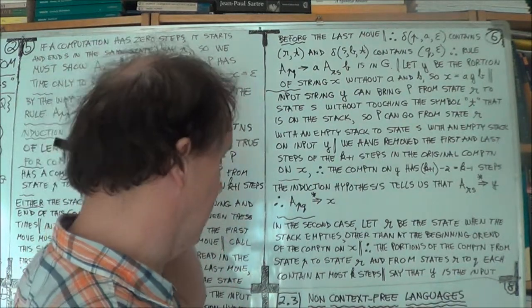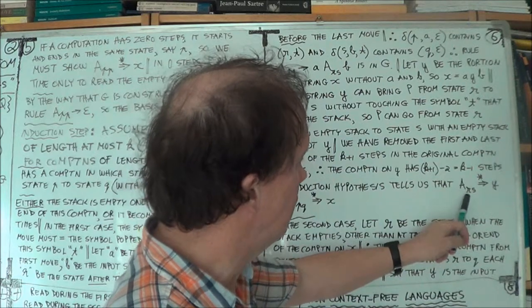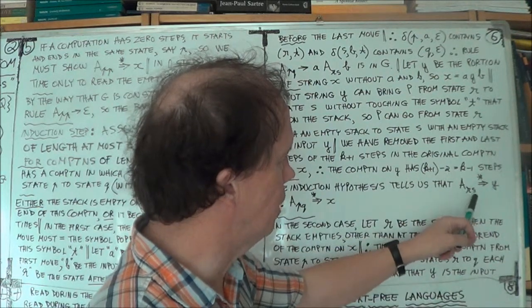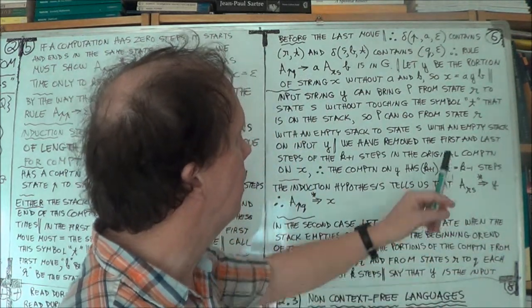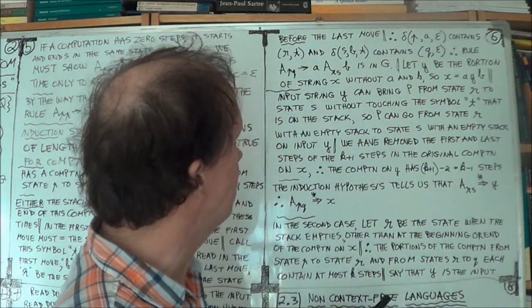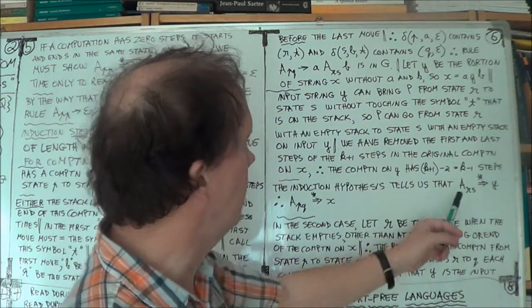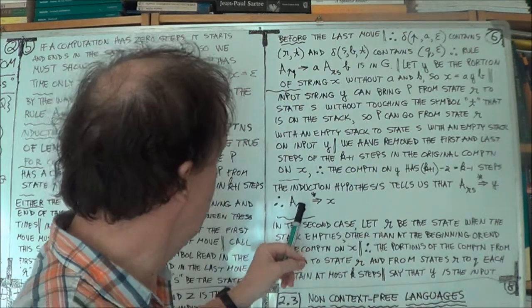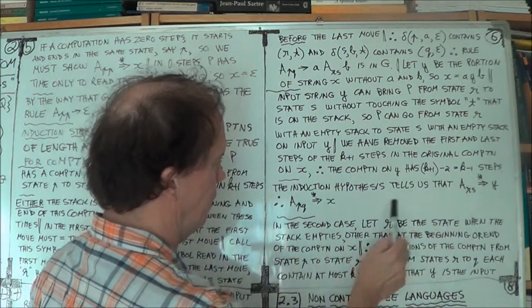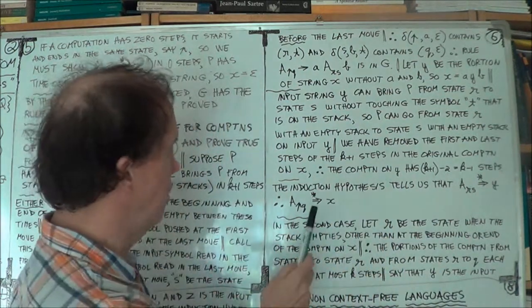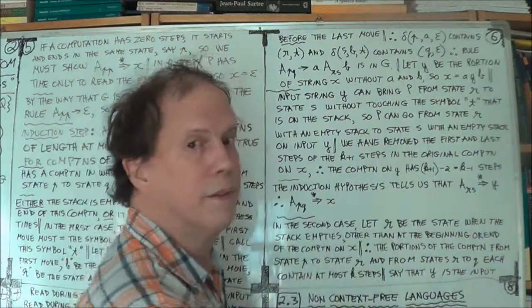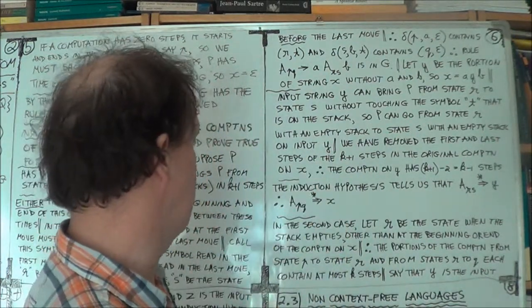So if we can generate the string y from this variable, going from state r to s, then since X is a, y, b, and remember A_pq is a, A_rs, little b, we can from this derive X, because X is a, y, b. So that's that done.